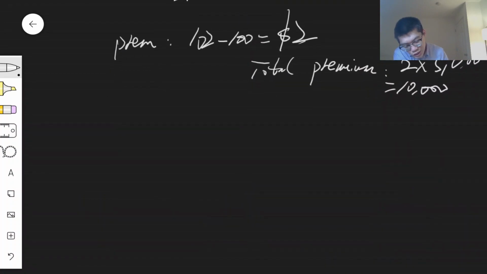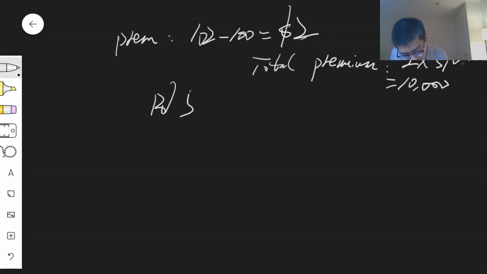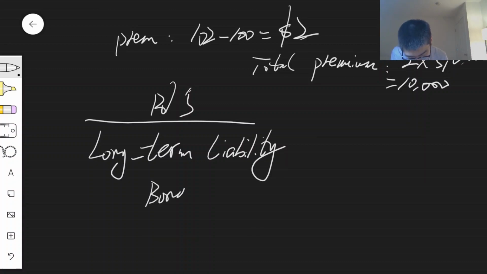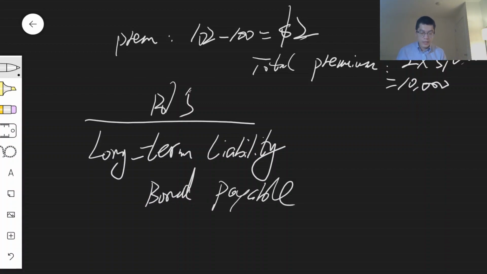So on the balance sheet, in this case, we'll report the long-term liability, bonds payable, which is again the face value, $500,000. And what else do we have?